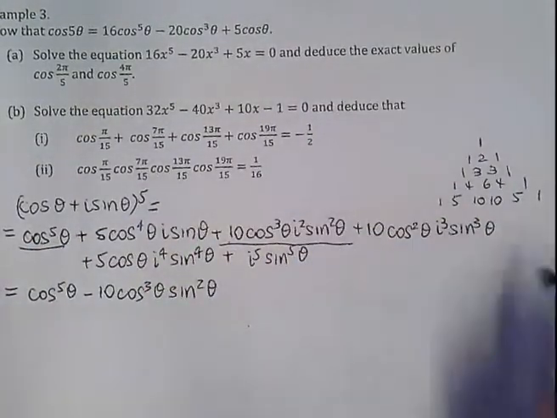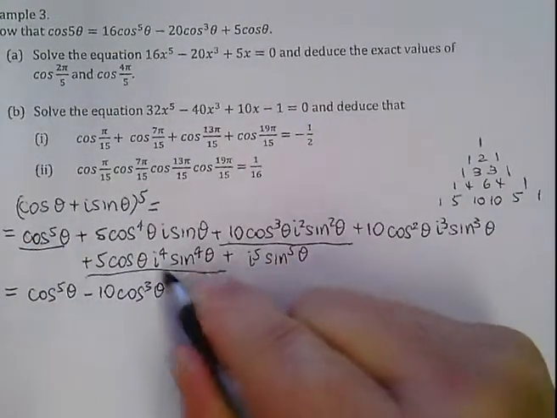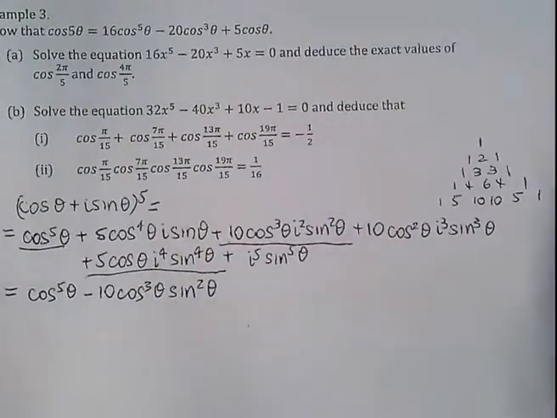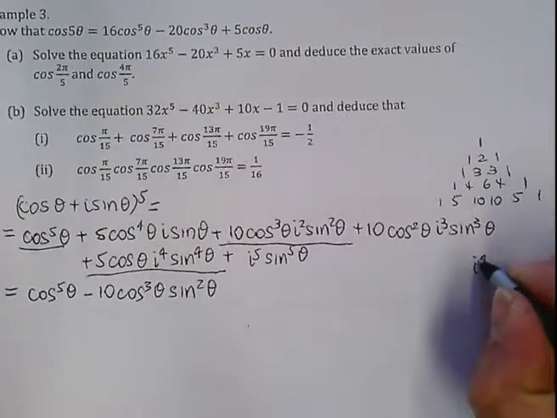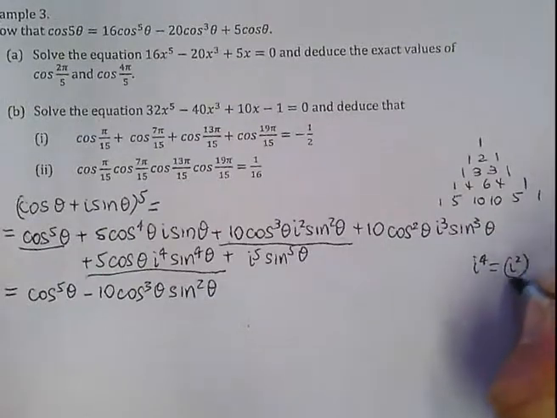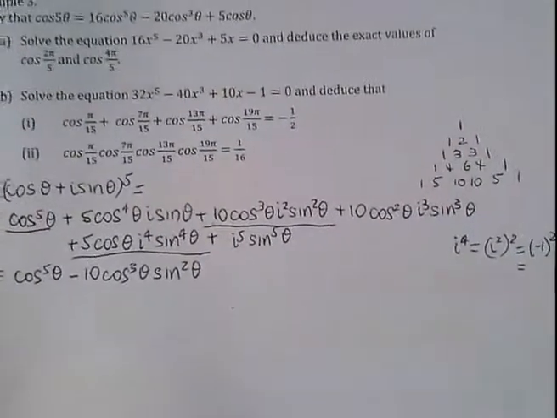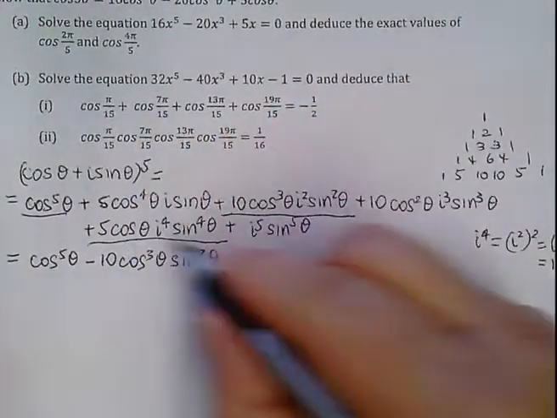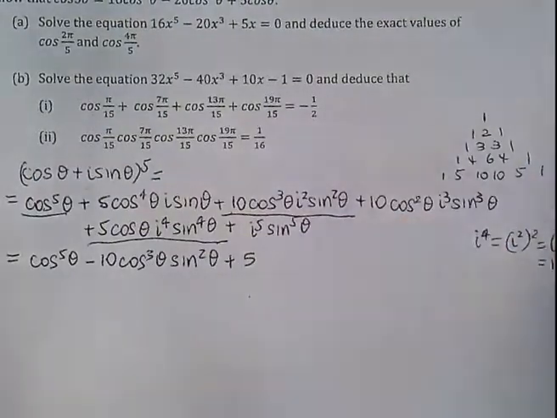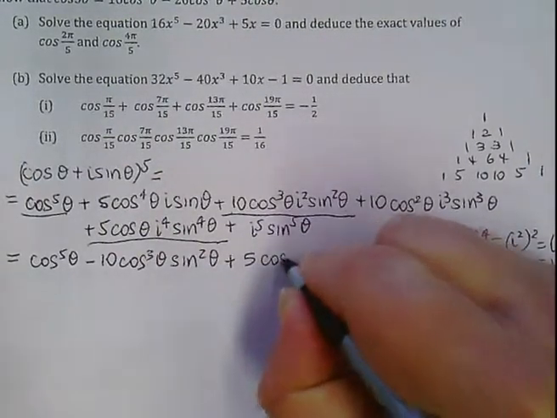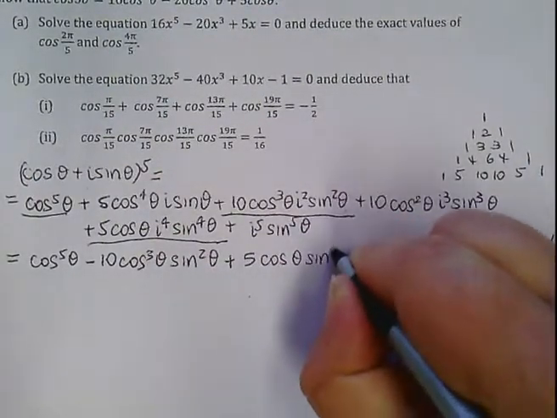This is also real. Now i squared is -1, so i to the power of 4 is i squared squared, which is -1 squared, which is +1. So here we've got plus 5 cos theta sine to the power of 4 theta.